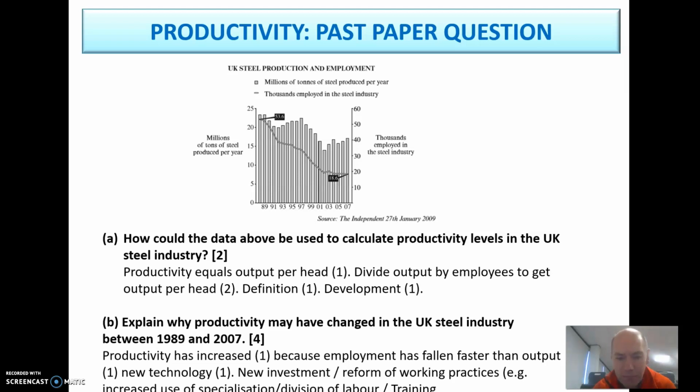Maybe a change in working practices. So given a specific example, the specialization or division of labor I referred to in terms of assembly line production up in Panasonic and Pentwyn when I went up there. Perhaps training: people are more skillful and as a result can produce more per person. And obviously use the data.